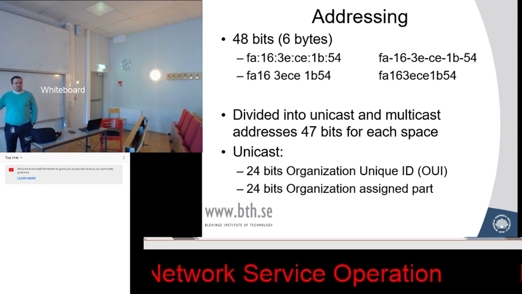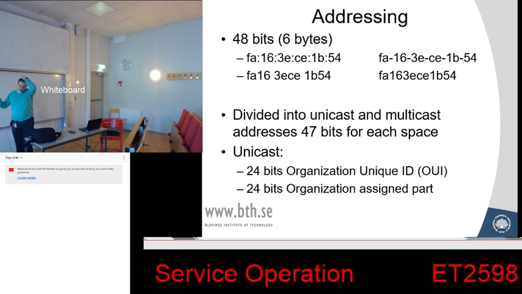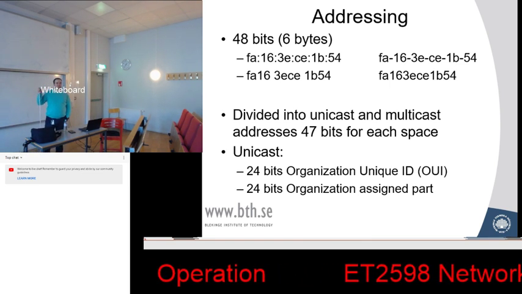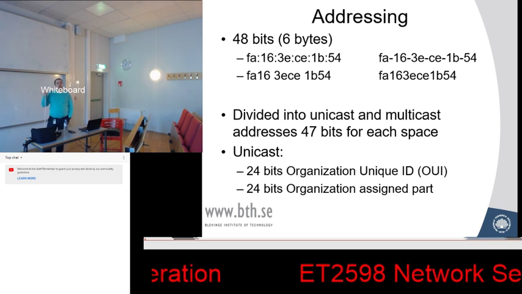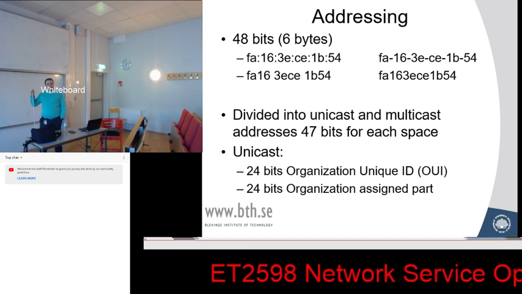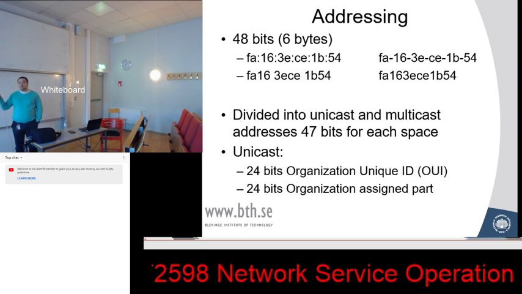Technically, I can do that. This is just software. But if everybody does that, that will become complicated, and the probability that someone happened to pick an address that is already assigned is non-zero.